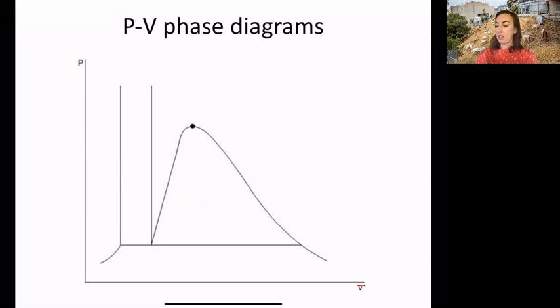Okay, so trying to figure out which region is which. Well, the first thing that should be pretty easy to remember is that the highest volume species that we have is vapor. The vapor phase is much bigger than the solid or the liquid phase. And so the region on the far right with the biggest specific volume should be the vapor phase. And by similar logic, solid should be on the other end.